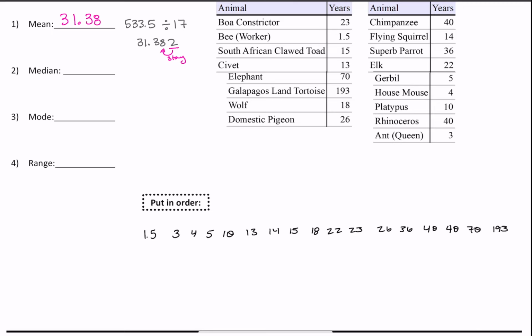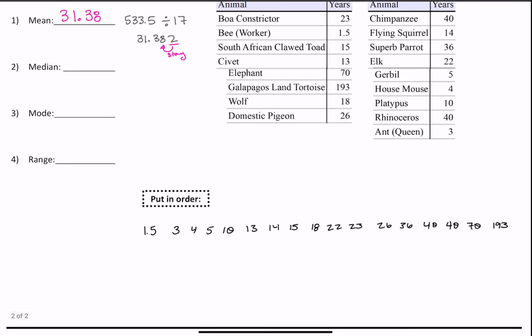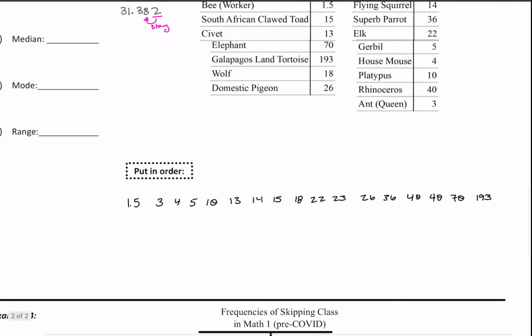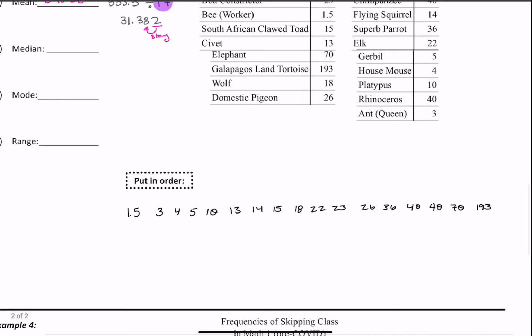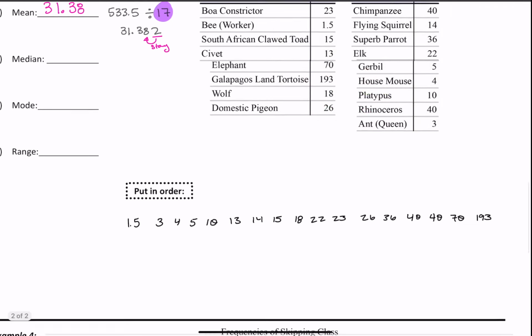Okay? Our median, we need to find the middle. Now, in this case, from earlier, we know we have an odd number of data points. So that means I need to find the middle number of all this. Now again, if it's in the middle, it needs to have the same number of data points on one side and the other. So this is what I'm going to do.